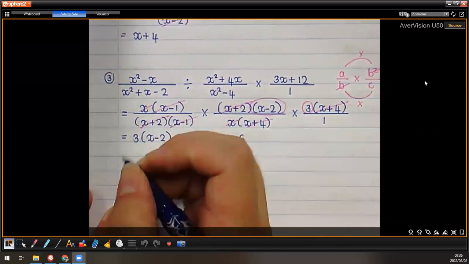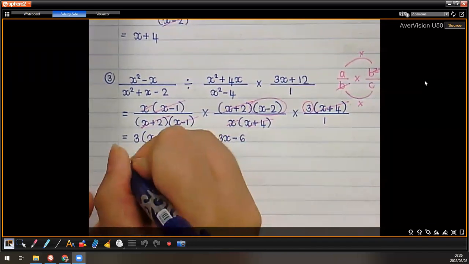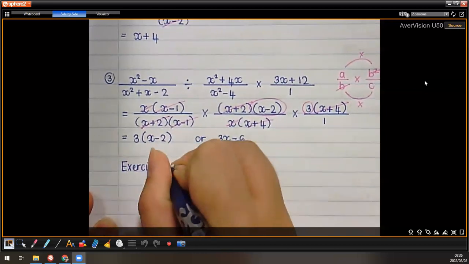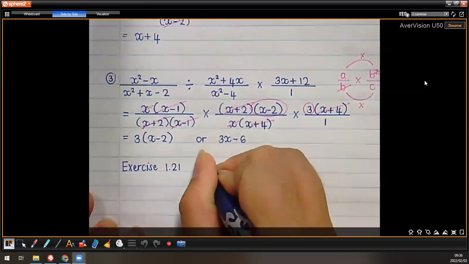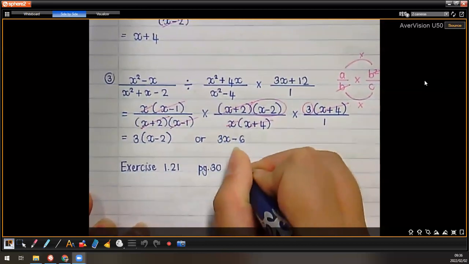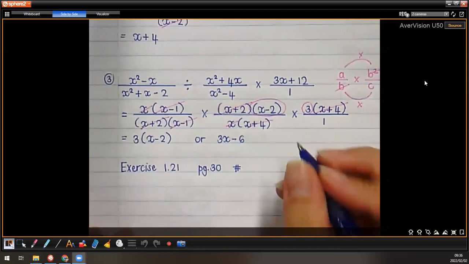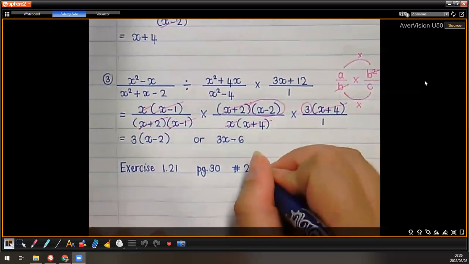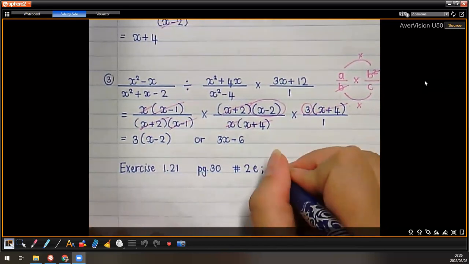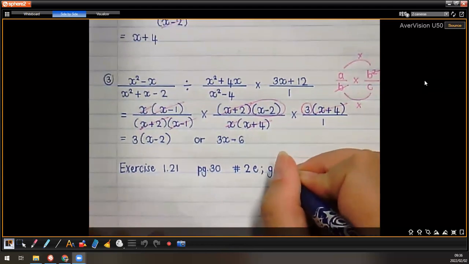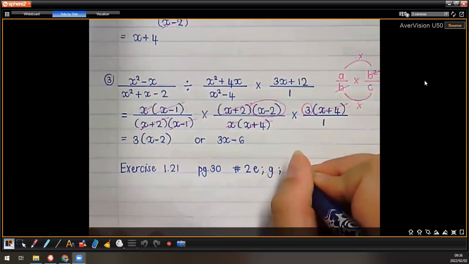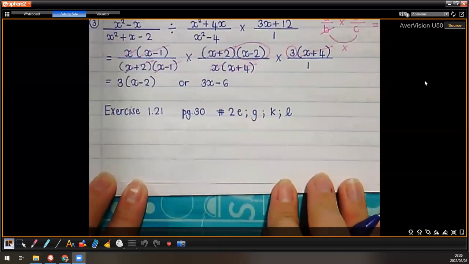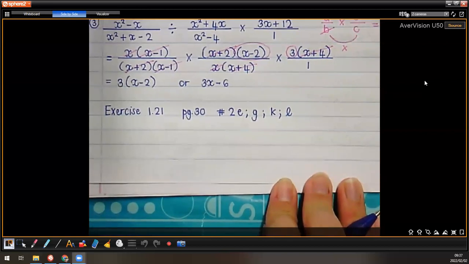Let me just see here. Okay, so your homework, I'm going to give you from 2 different exercises because they've split it up like that. Okay, number 2, E, G, K, and L, and exercise 1.21.